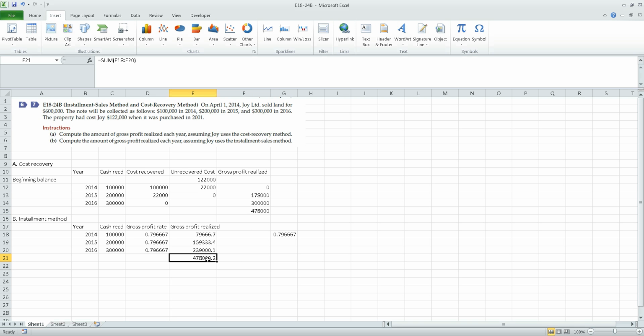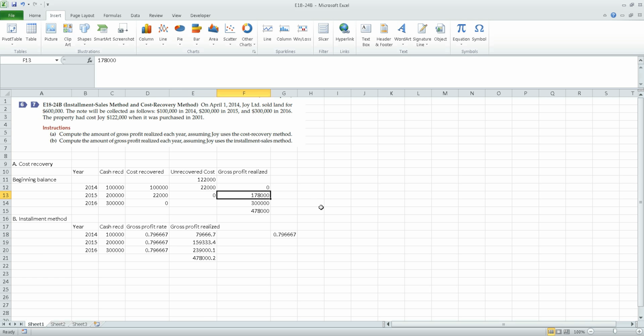So the difference is the period in which the profit's recognized. The total amount of the profit here is exactly the same regardless of whether we use cost recovery or installment method. What differs is the period in which we report it. Under the cost recovery, none was reported on the income statement in 2014 versus 79,667 under the installment method.